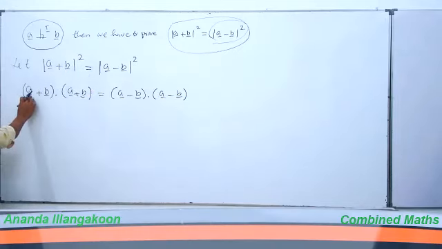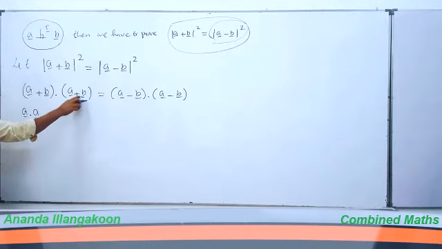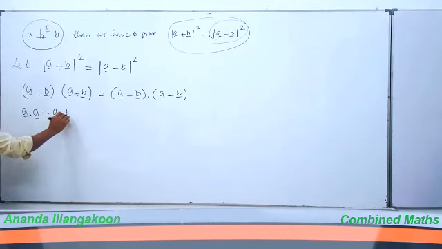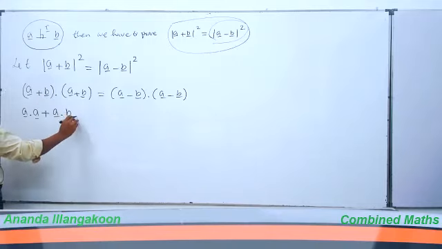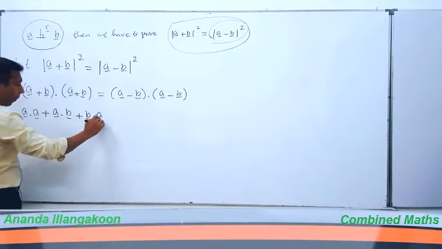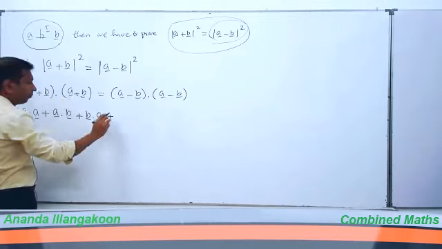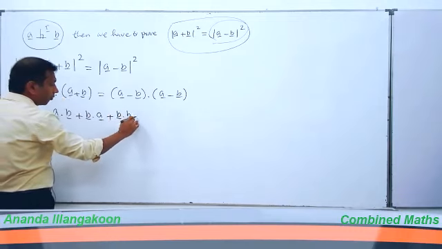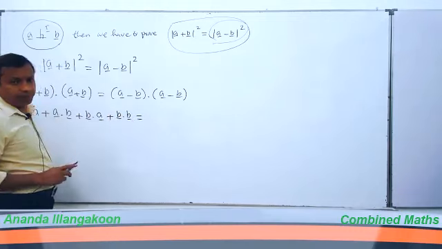Okay. We can write here A dot A, plus A dot B, because here plus, then plus B dot A and B dot B. That way you can write.